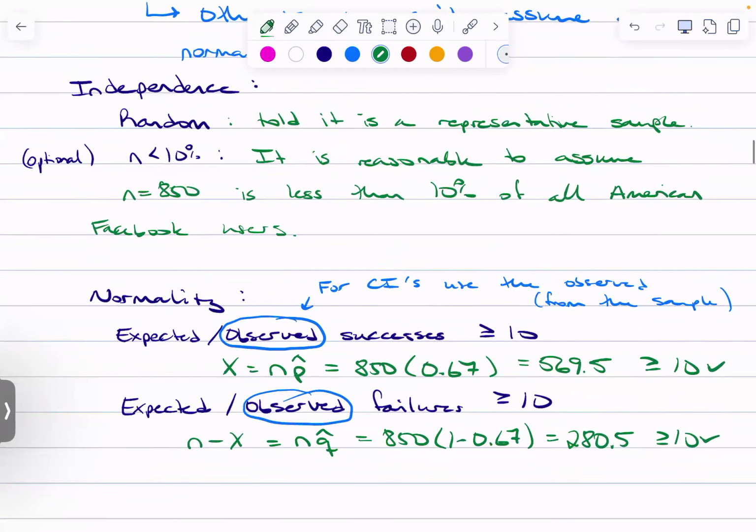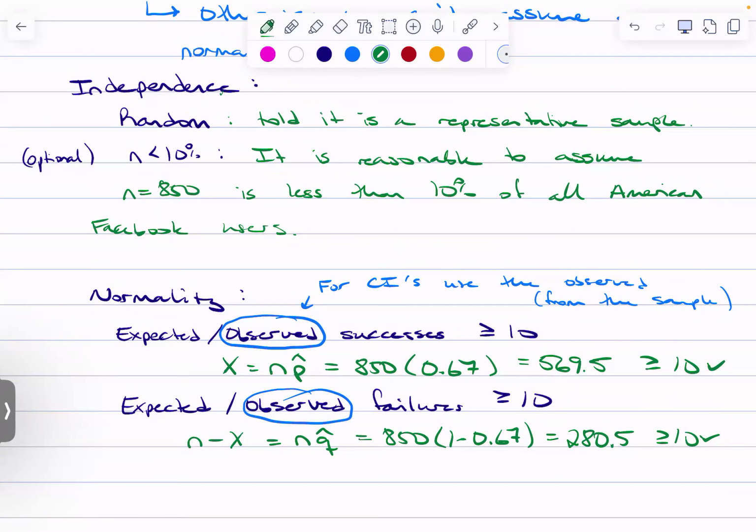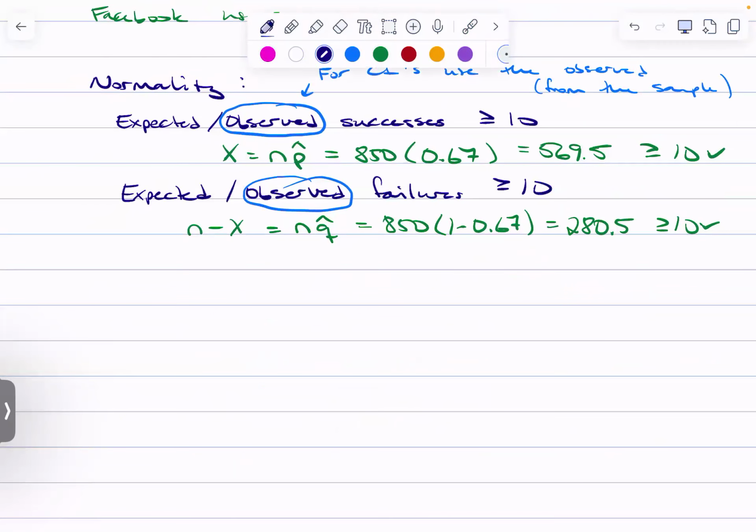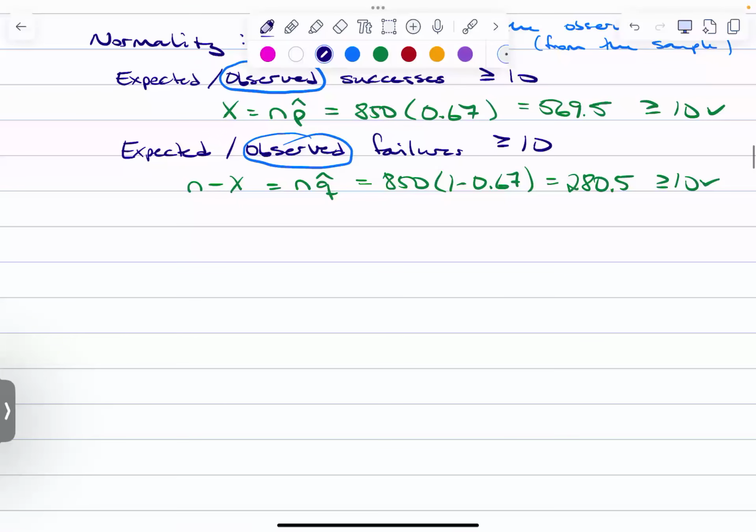Now, we can assume independence. Oops, we can assume independence. We can assume normality because these conditions are met. Therefore, we can now build our confidence interval finally. So let's start with the bare bones of a confidence interval. Or maybe I'll say, therefore, the conditions for inference are met.